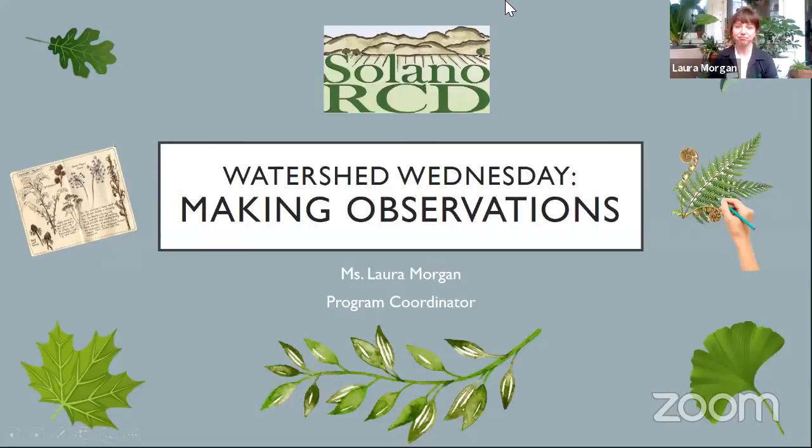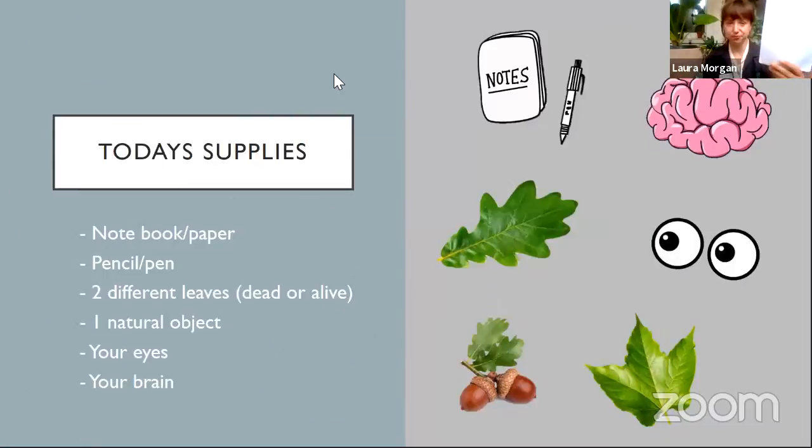Now, today, you are gonna need a couple items. So Miss Martin, can you skip to my next slide? You are gonna need 2 leaves. I have some leaves with me. You are gonna need some paper and something to write with.